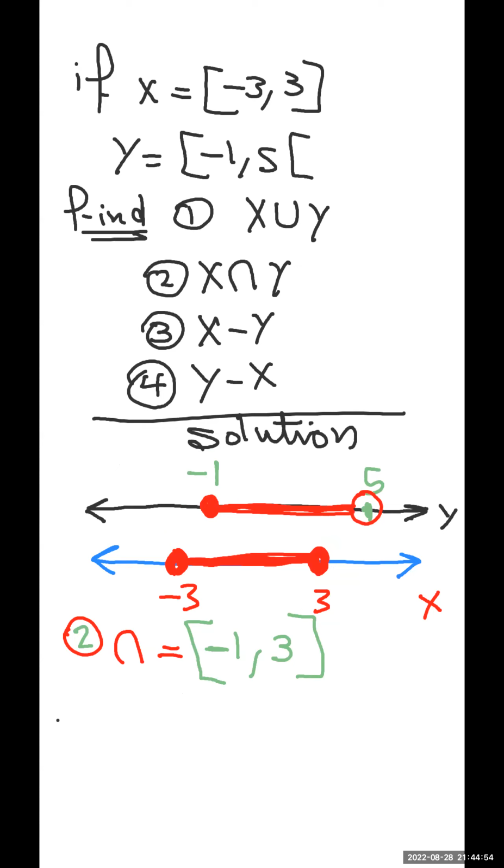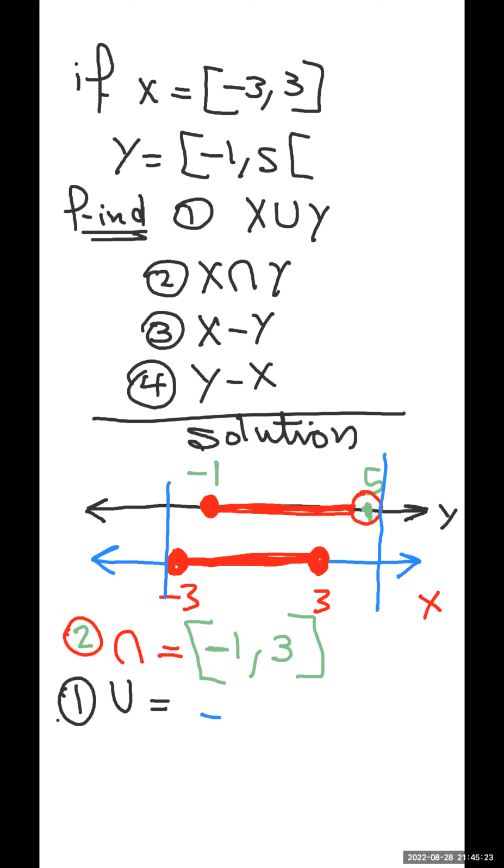Okay, now the first point, the union will equal X union Y means all elements. So the last point on the two number lines on the left side, it's at this point. And the last point on the number line on the right side, it's at this point. So this is the union.